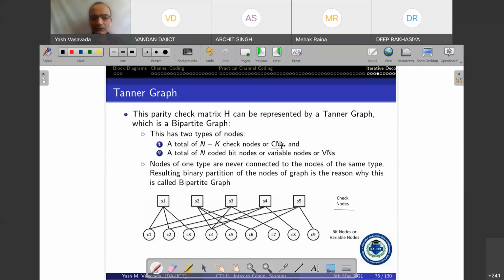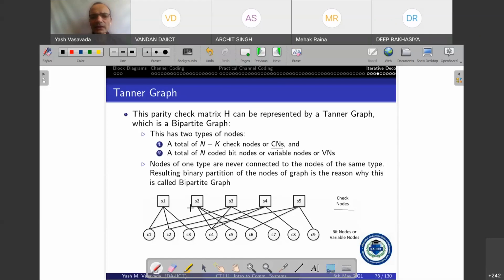And then in the Tanner graph, the bipartite graph, the C1 to C9 become what are known as bit nodes or variable nodes. The reason they are called bit nodes is because we take the incoming bits and just feed them to each of these circles. So the circles are nothing but the bits. They are also called variable nodes because this is what we will keep on varying in the iterative algorithm.